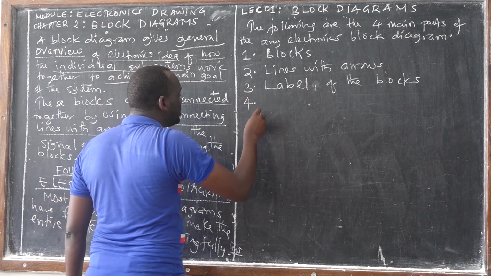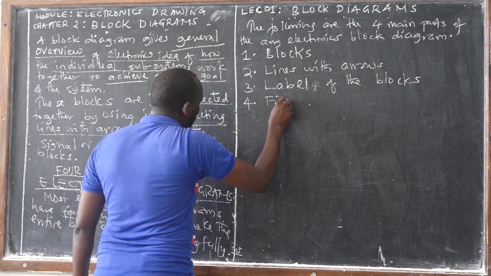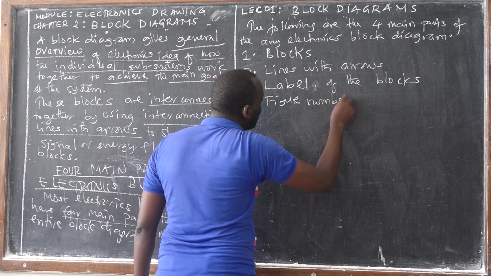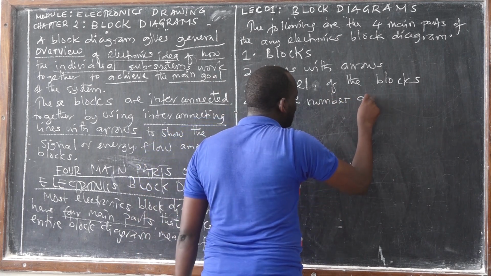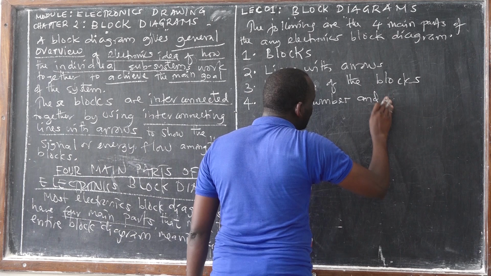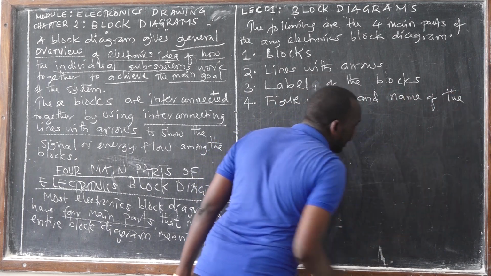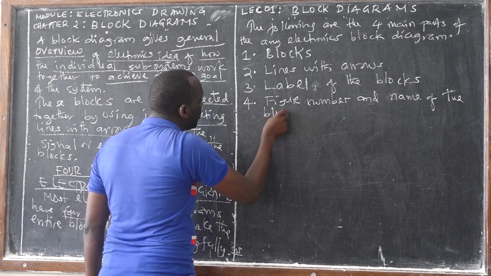Then the fourth part: any block diagram must have a figure number and the name of the block diagram.